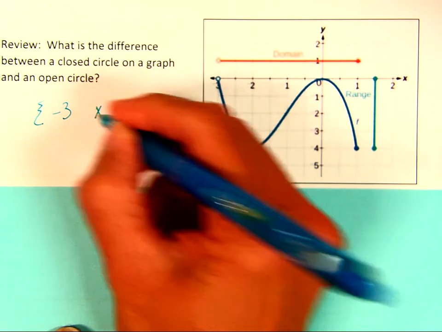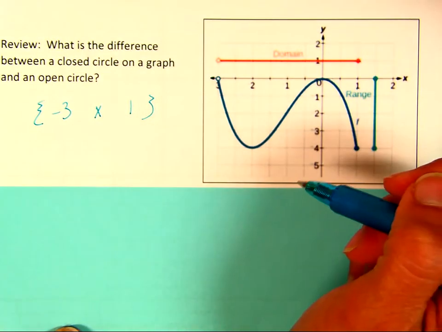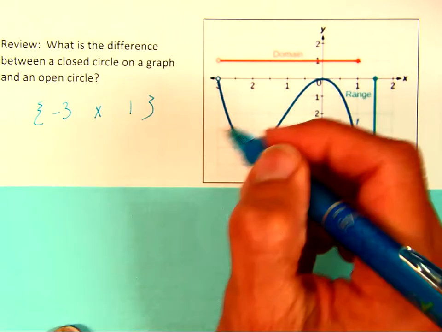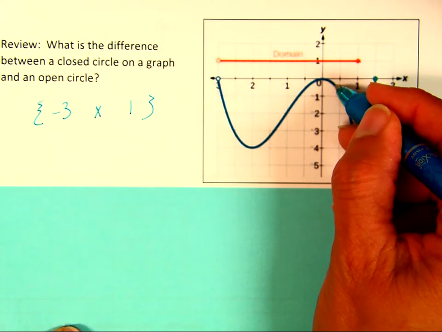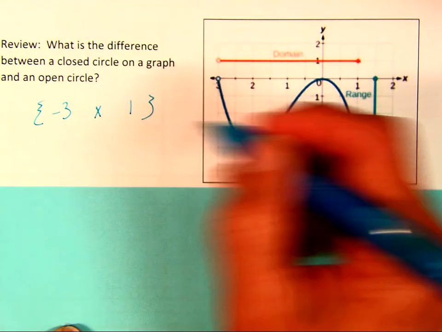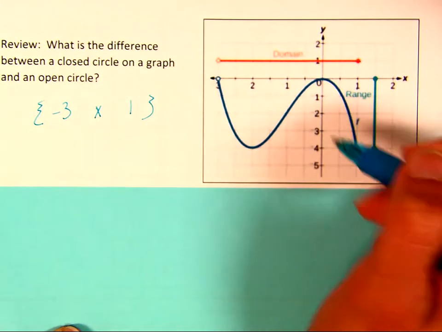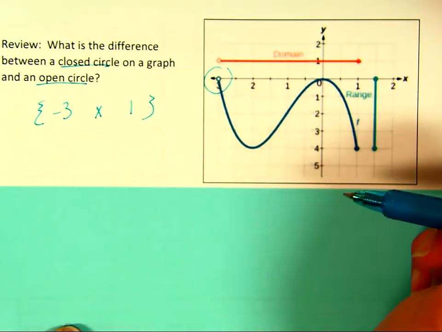And domain is always x, so I'm going to use the x variable. But because it's not just a set of points, I don't use the commas, because I don't want to say 0.5, 0.6, 0.65, 0.67. There's an infinite number. So I want to say that it's all the numbers between -3 and 1. But this circle right here, I don't know if you remember the difference between a closed and open circle.